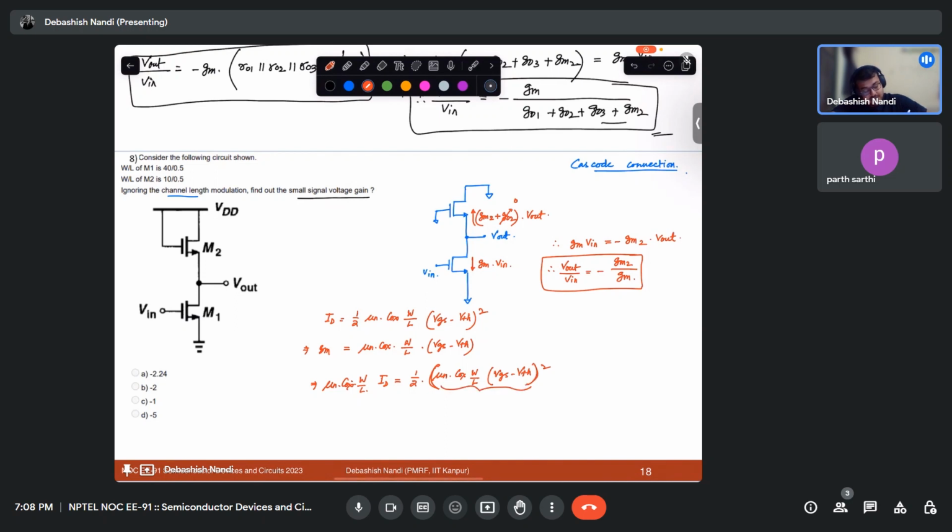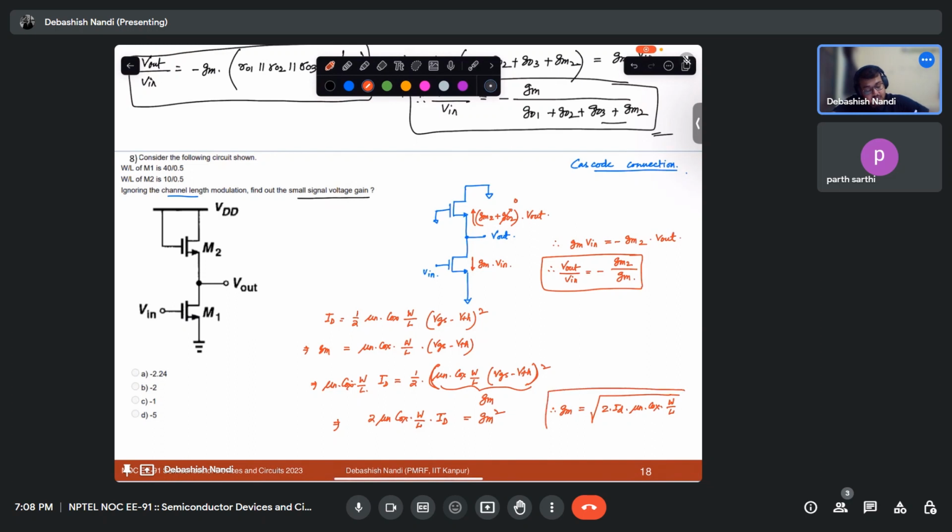This is your GM. So you have 2 mu n Cox W over L times ID is equal to GM square. So your GM would be equal to square root of 2 times ID times mu n Cox W over L.